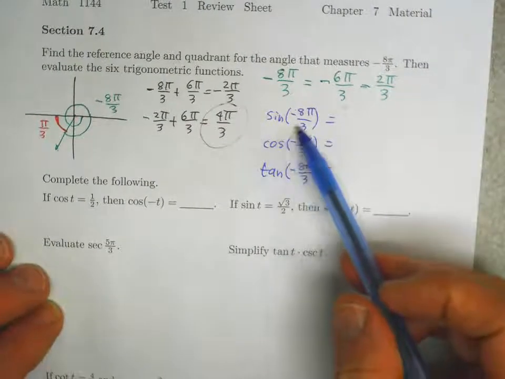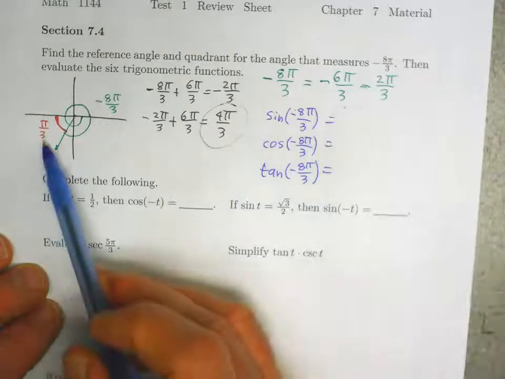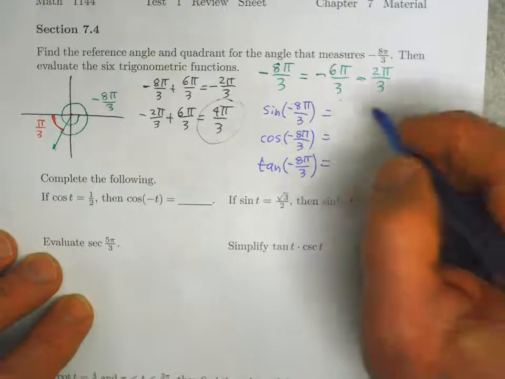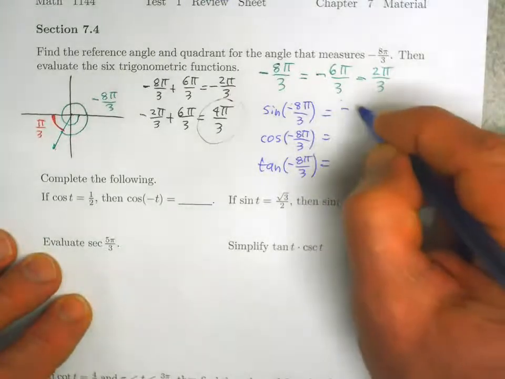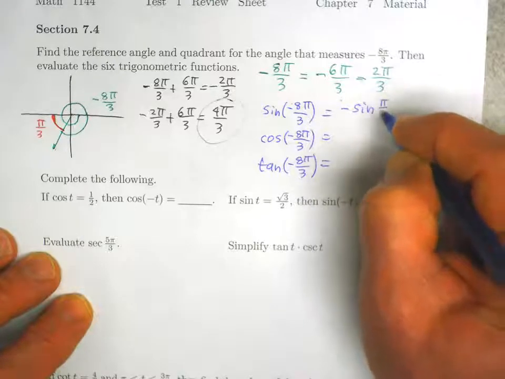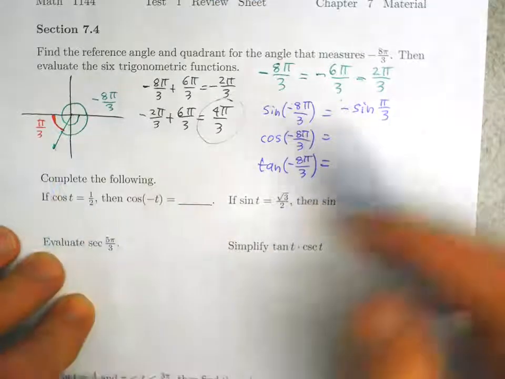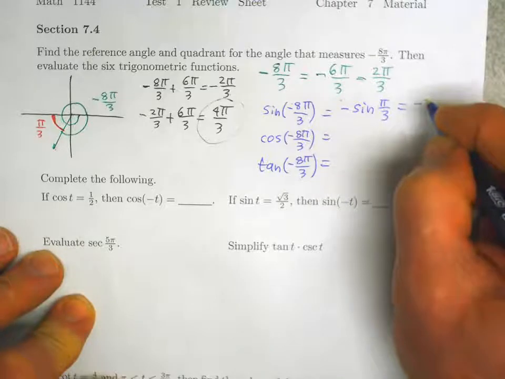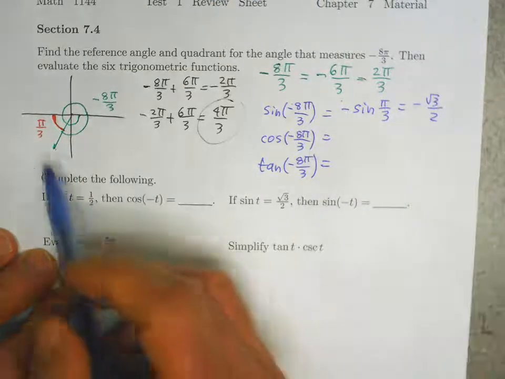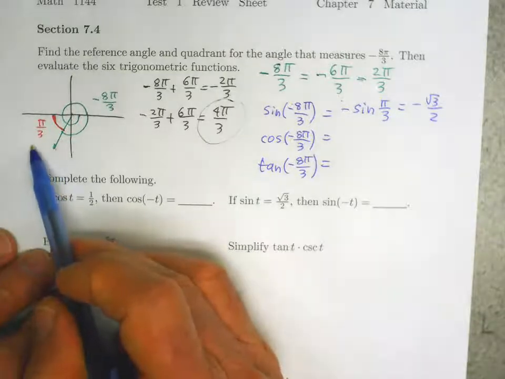So sine of negative 8 pi over 3, since this angle is in the third quadrant, this is going to be the negative of sine of pi over 3, because sine is negative in that quadrant. So this is negative square root of 3 over 2. Cosine is also negative in the third quadrant.